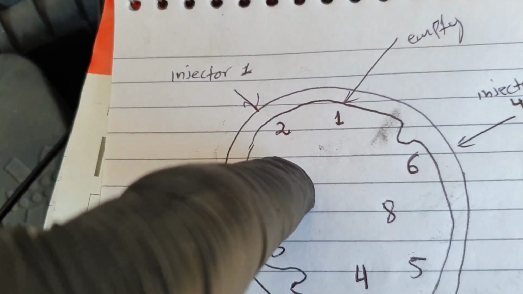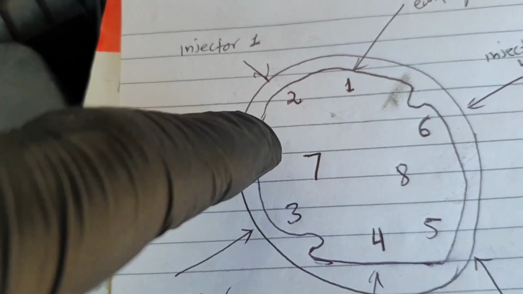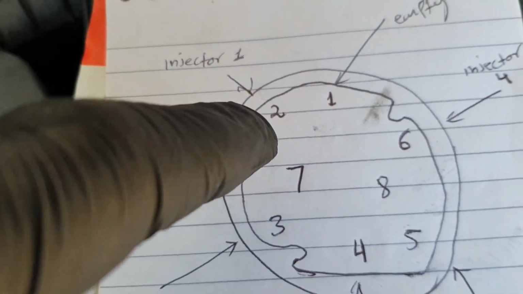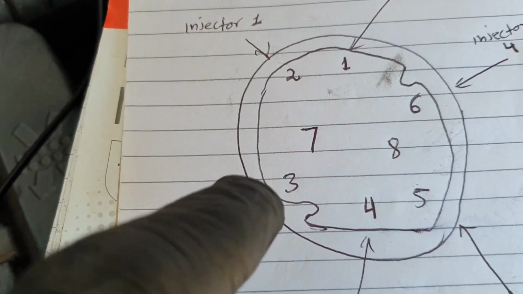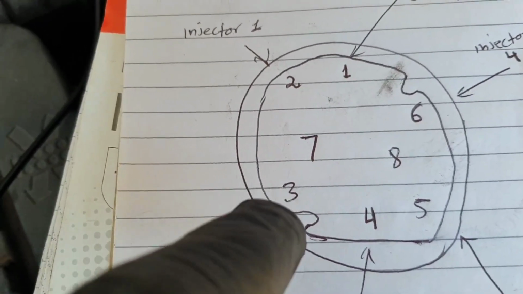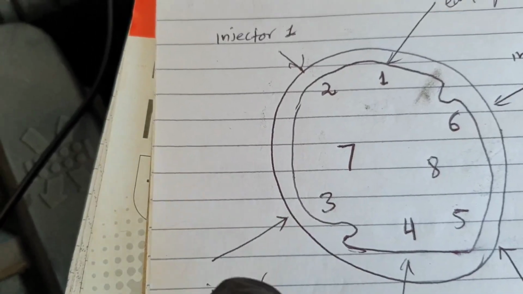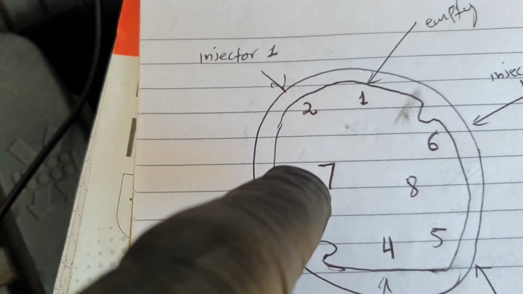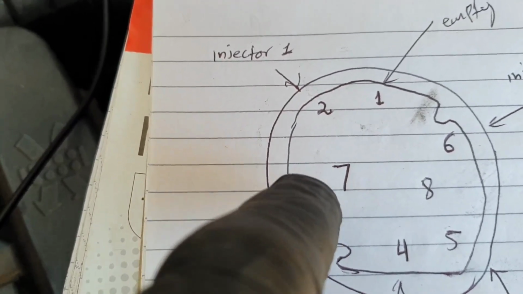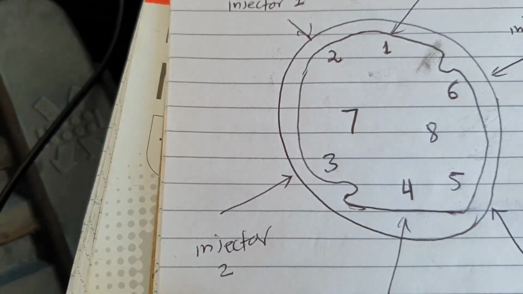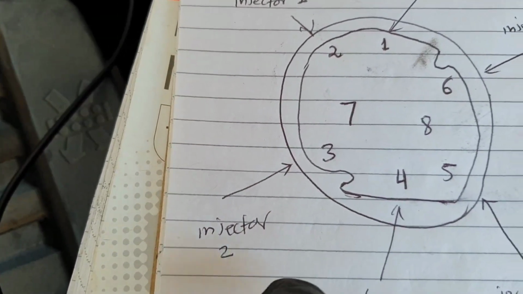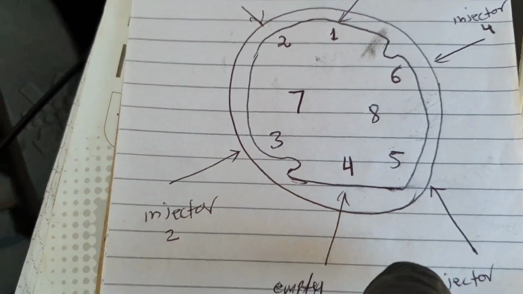This is going to be the resistance check for injector number 1. Then the red lead of the multimeter on pin 3 and the black lead on pin 7. This is going to be the resistance check for injector number 2.